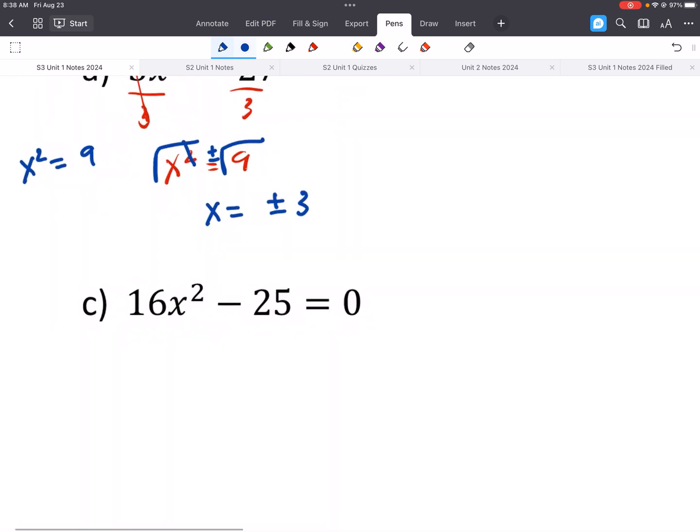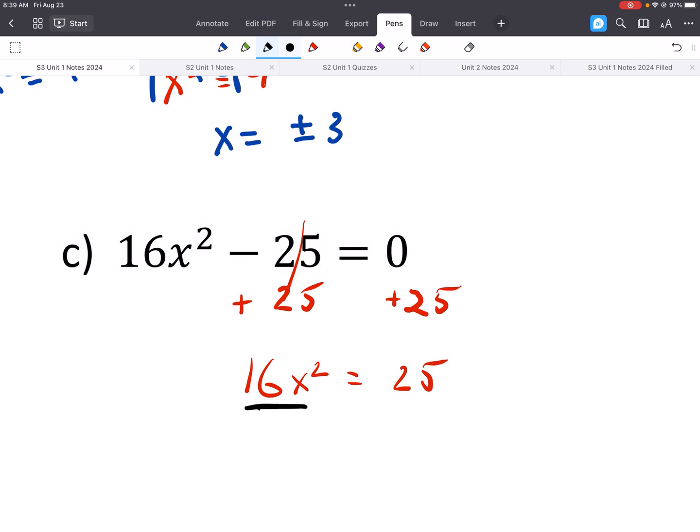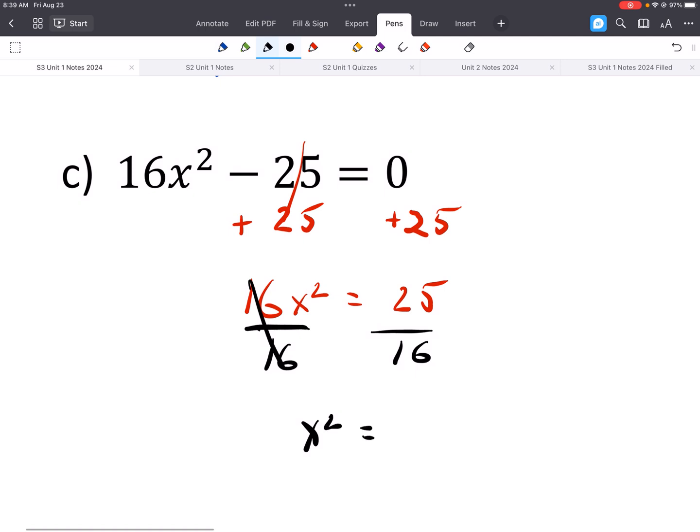Okay, and here's another good one. Here you could use the difference of squares if you prefer, but we'll just use square roots to solve. So we'll add. So 16x squared equals 25, and then we'll need to divide. Okay, so we'll end up getting x squared equals 25 over 16, and then we'll square root.